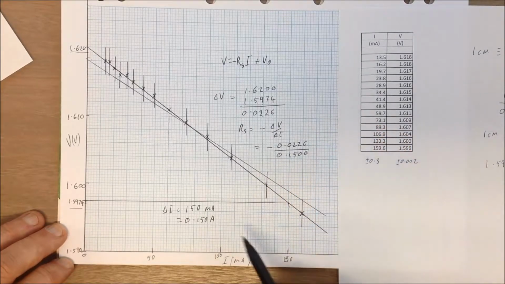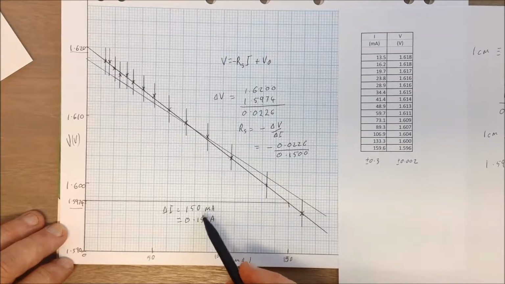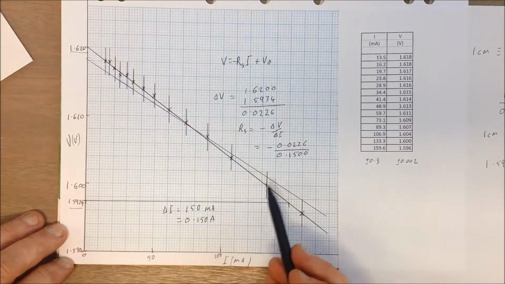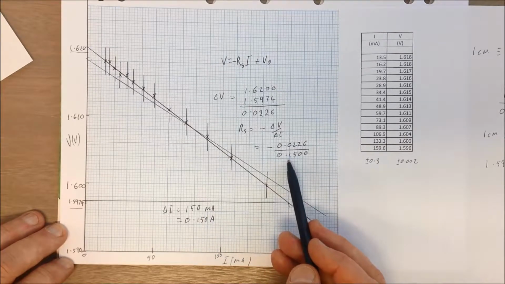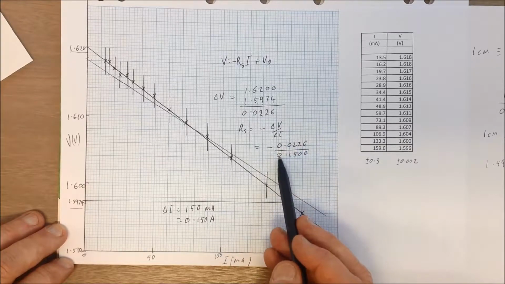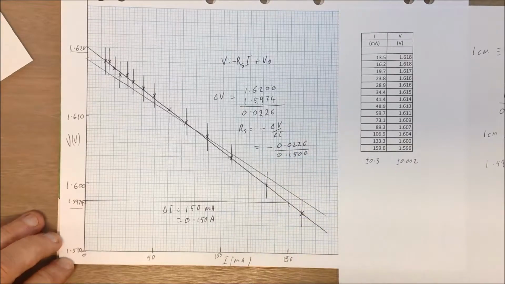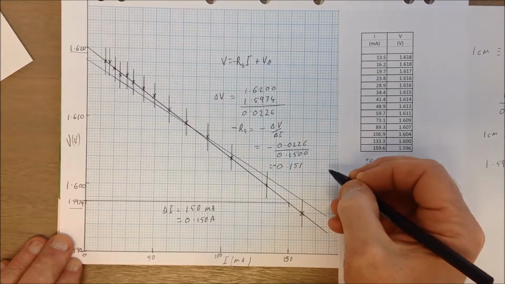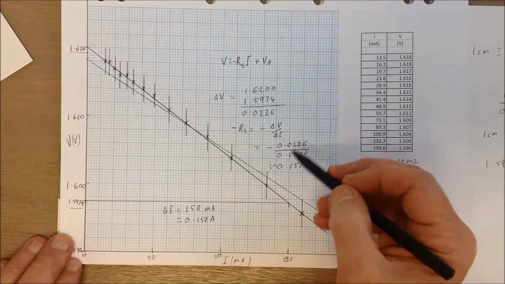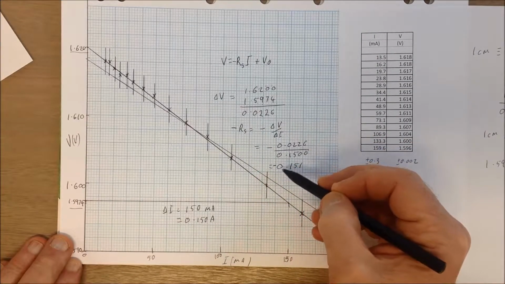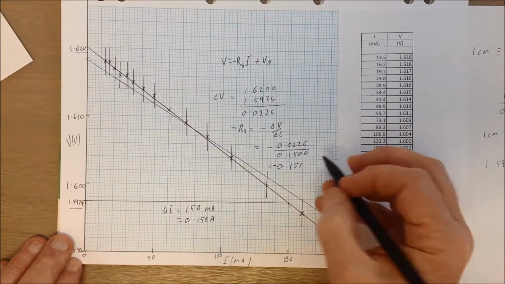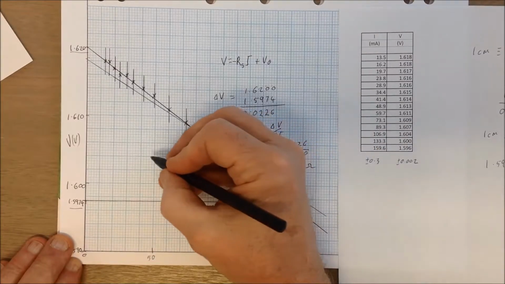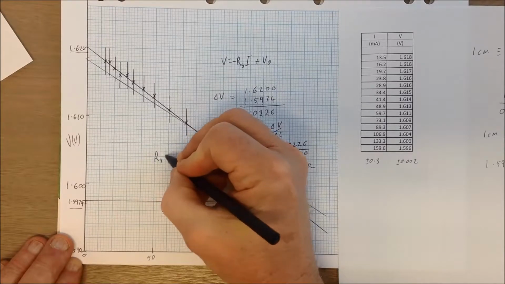Now I've been very careful here to convert that from milliamps to amps. If I want my answer to come out in ohms, the top line has to be in volts, the bottom line in amps. So we finally calculate actually minus RS equals minus 0.151 ohms.